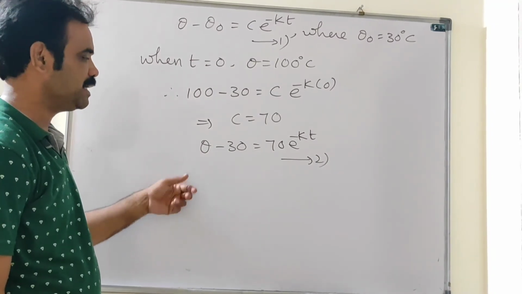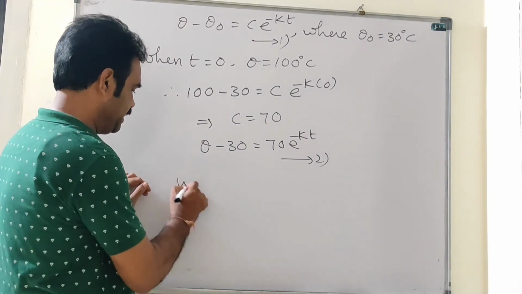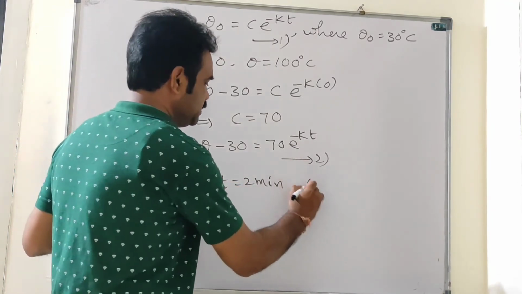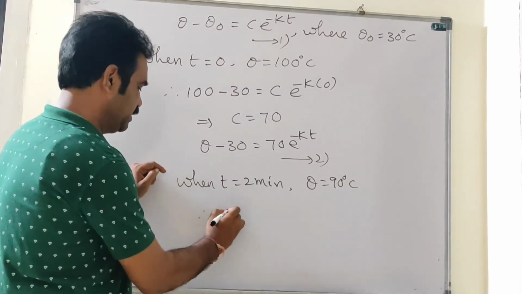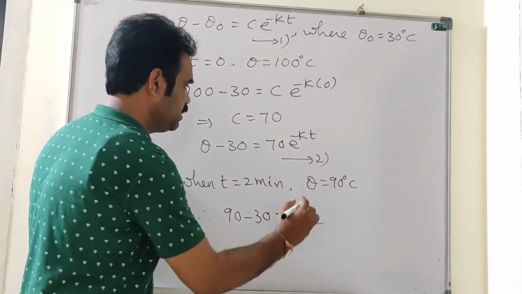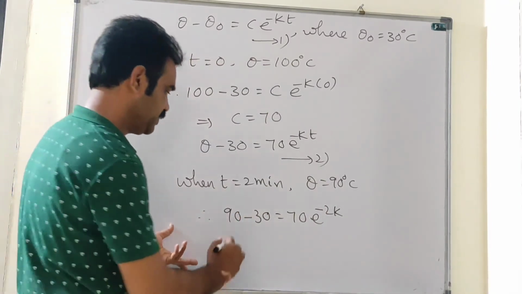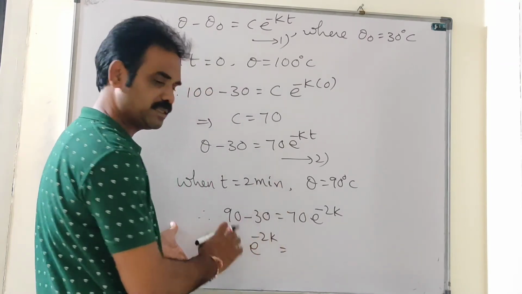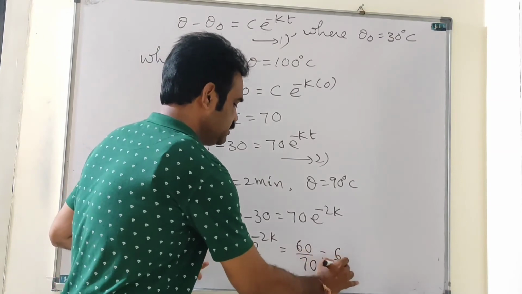Given that 2 minutes later, the temperature of the water in the pot is 90°C. That means when t is 2 minutes, theta is 90°C. Therefore, substitute here 90 minus 30 is equal to 70 e power minus 2k. Since t is 2 minutes, this implies that e power minus 2k is equal to 60 by 70, that is 6 by 7.